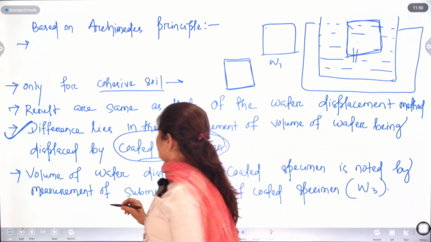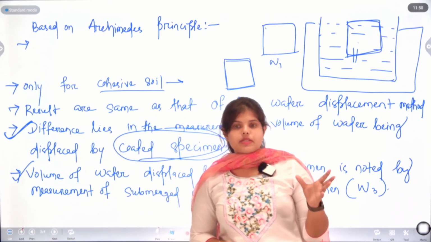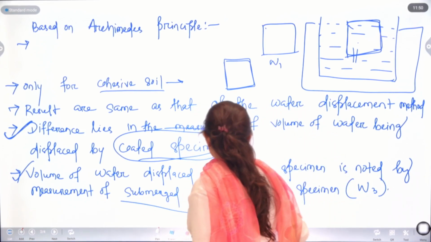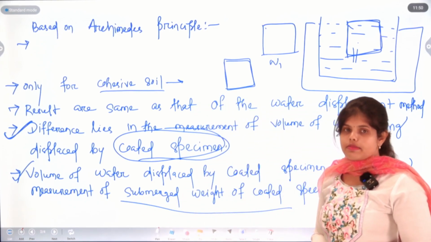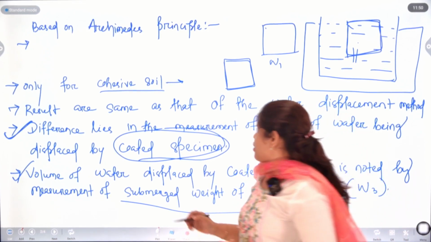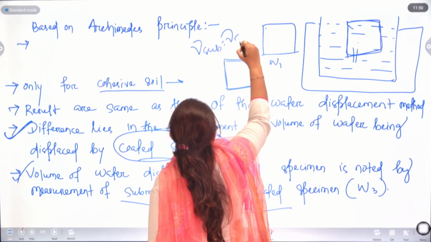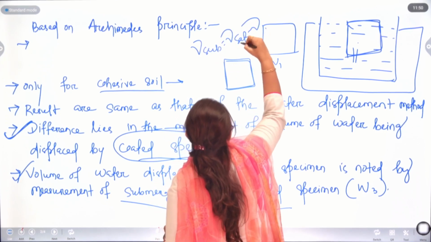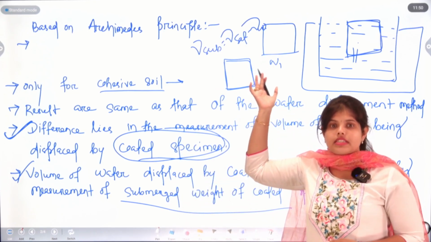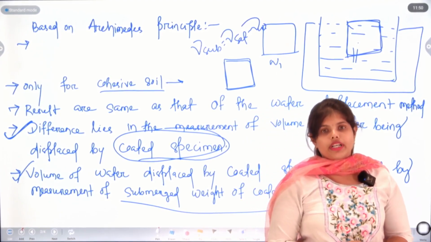So, the next point is: volume of water displaced by the specimen is noted by measurement of submerged weight of the coated specimen. I have already told about what submerged is. We have already discussed what is gamma submerged. That is gamma saturated minus gamma W, where gamma saturated is the saturated unit weight, and gamma W is the unit weight of water.